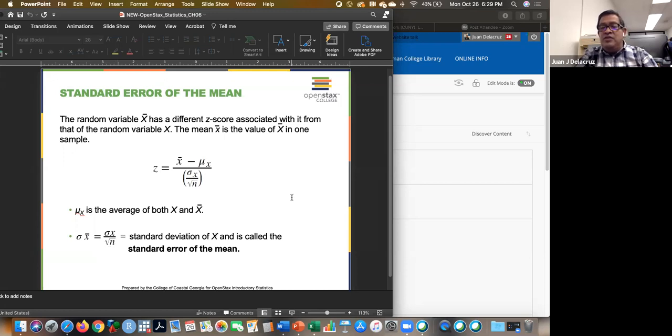If we were using only population data, we use the standard deviation alone. But because we are using a sample, we are going to use the standard error. And remember the standard error, which is sigma x bar, is going to be the regular sigma that we know from the population divided by the square root of the sample size.